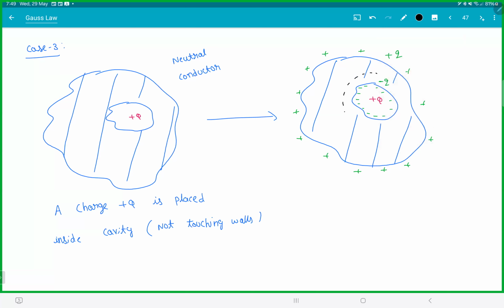Use the Gaussian surface. Since you're taking the Gaussian surface, the black one, inside a conductor, field is 0. Therefore, flux is 0. Therefore, the charge enclosed, Q minus q, is 0. Therefore, q is equal to capital Q. It means if you put a charge inside a cavity, you will always induce equal and opposite charge on the cavity.